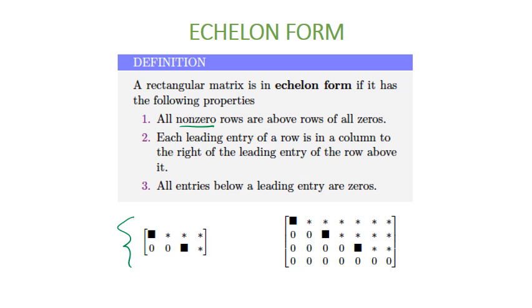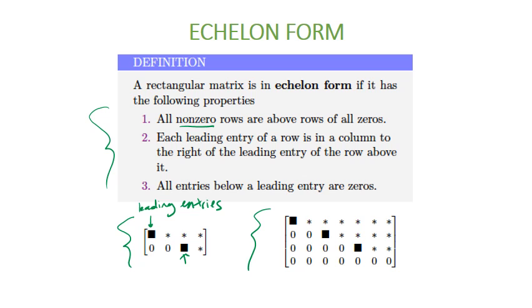So here are some examples. I can read this definition to you, but I think it's easier to see it. When you're looking at these examples, these are known as the leading entries. So these boxes here, because they're the first non-zero entry.